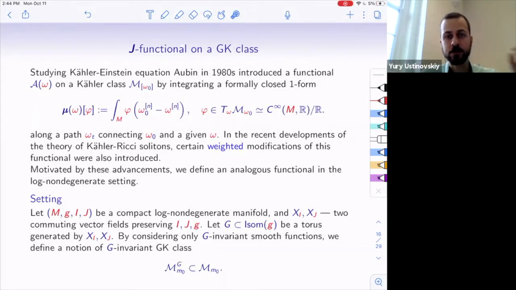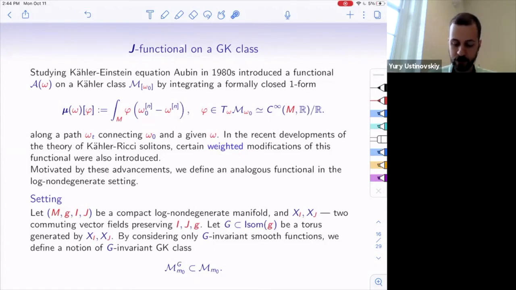And there are many other functionals in Kähler geometry. It's actually like the main source of new examples and new results in Kähler geometry now, the smart choice of functionals. So there are, for instance, certain weighted modifications of this functional as well. So that's what we're going to try to do in the generalized Kähler setting.